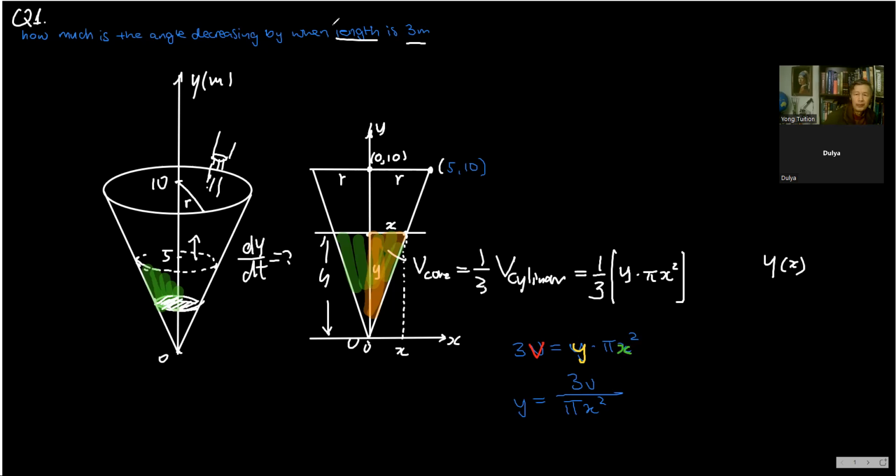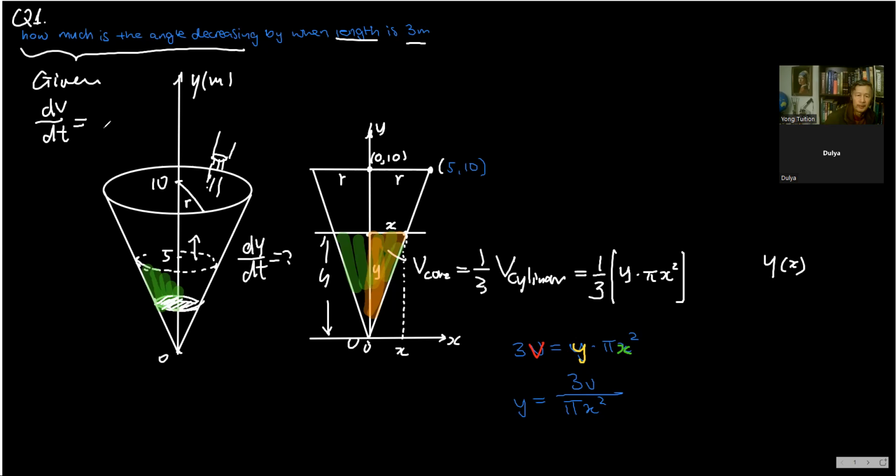Now, what are they looking for in this question? They say if the volume changes, so basically the condition. Given this condition, dV/dt equals what number, what is the rate?